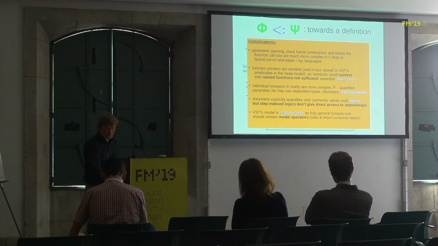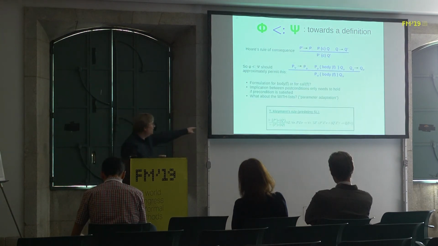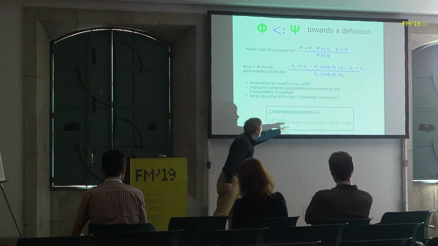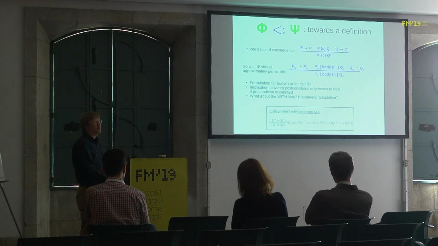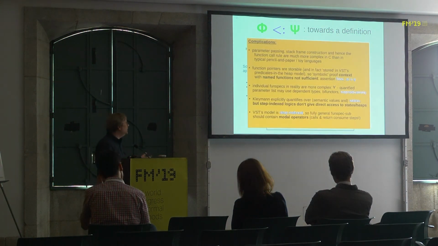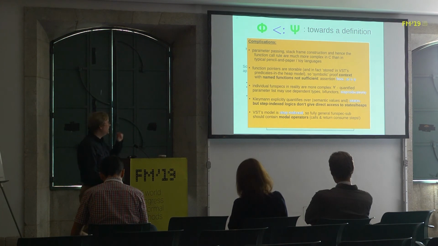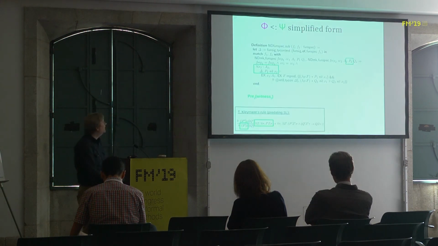Kleymann could explicitly quantify over states here, for all sigma. So here, our logic, because it has this complicated step indexing model, doesn't give us directly access to these quantifiers, so instead we need to use entailments. And because we are step indexed, actually our definition will also have modal operators there.